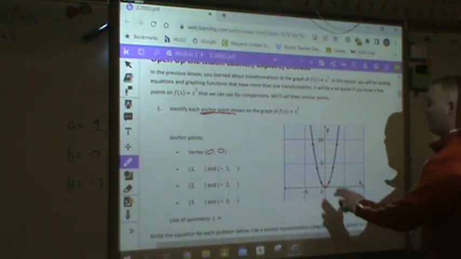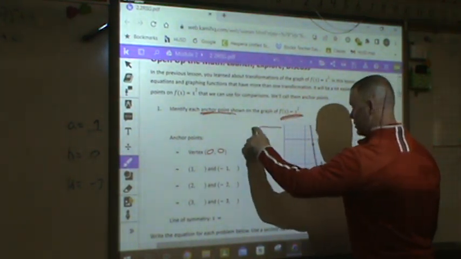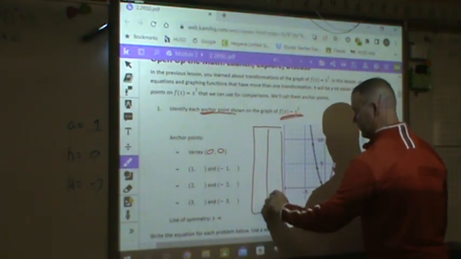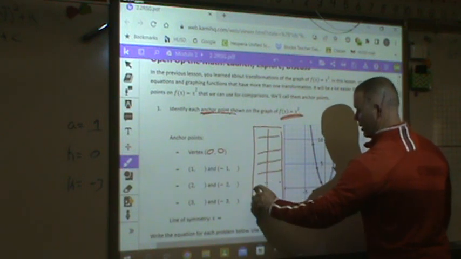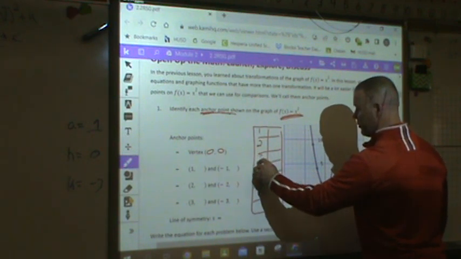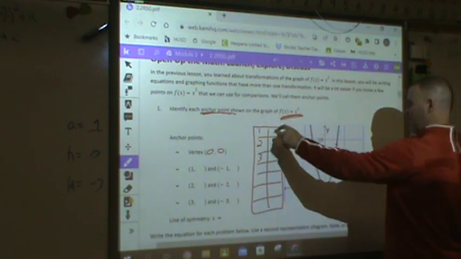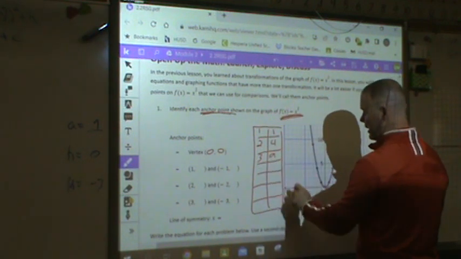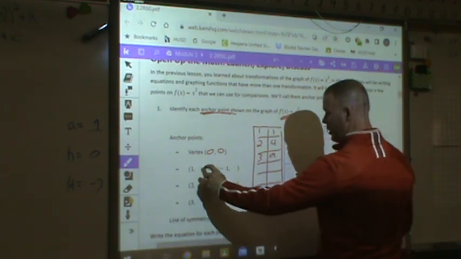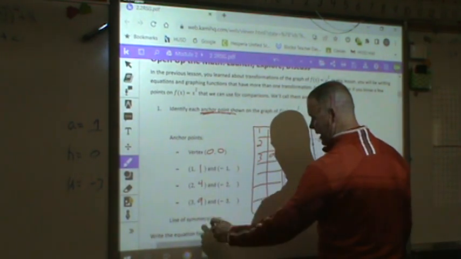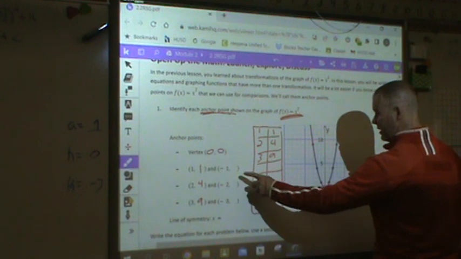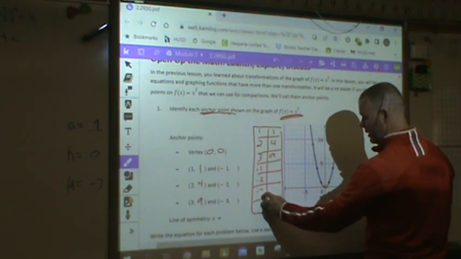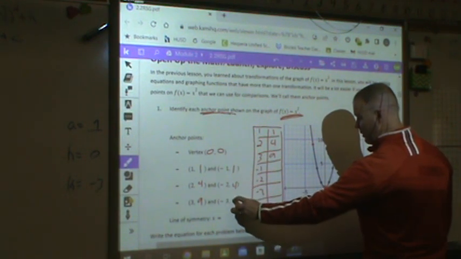If you create a table of values for 1, 2, and 3, you would input 1 and get an output of 1, input 2 and get an output of 4, input 3 and get an output of 9. That's where this pattern of 1, 4, 9 comes from. And if I input -1, -2, -3, it would still be the same 1, 4, 9.